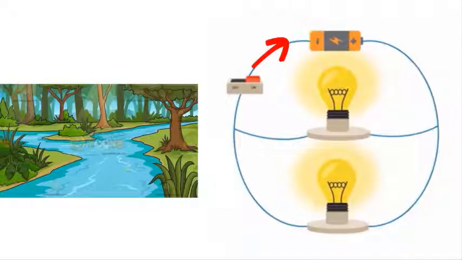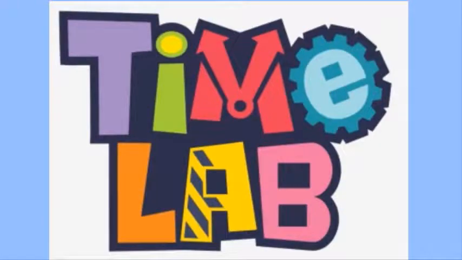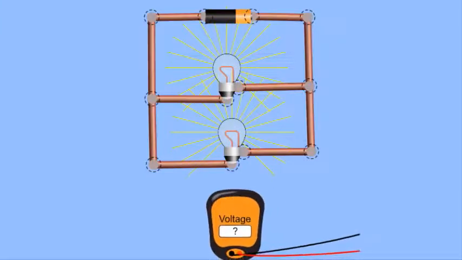What is the relation between the voltages of the lamps and that of the dry cell? Let us go back to the lab to find this relation. To measure the voltage of these components, we have to use the voltmeter that is connected in parallel.